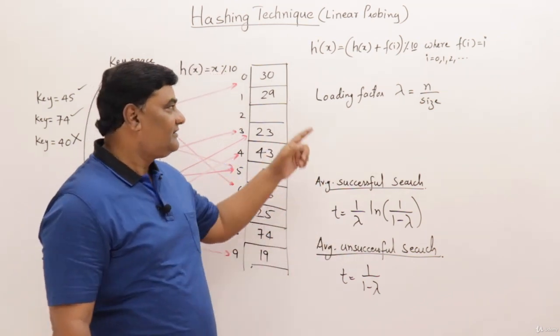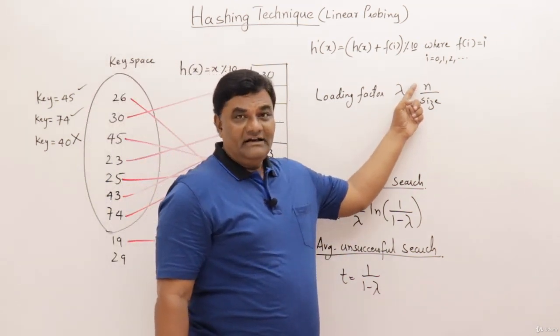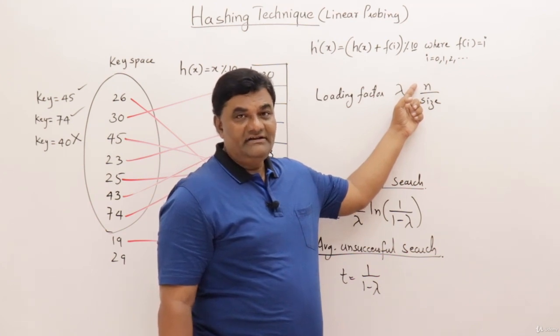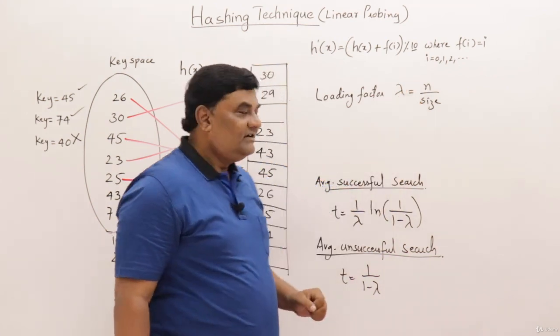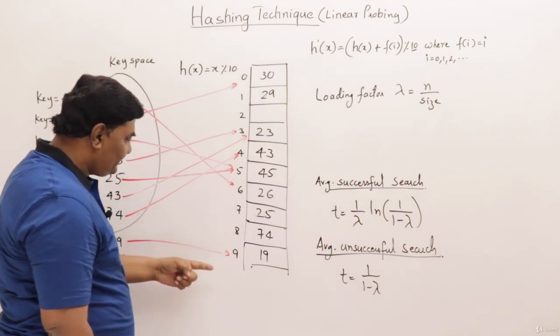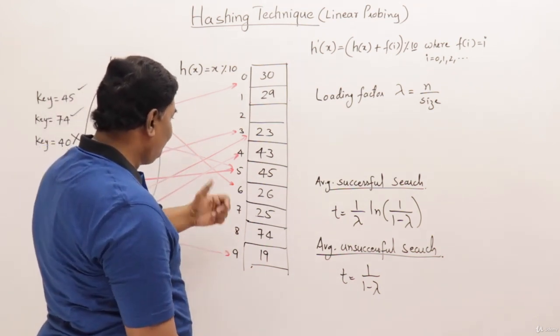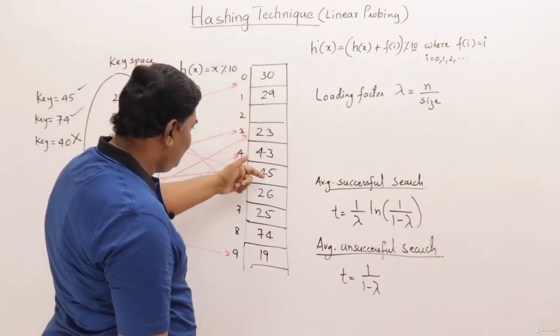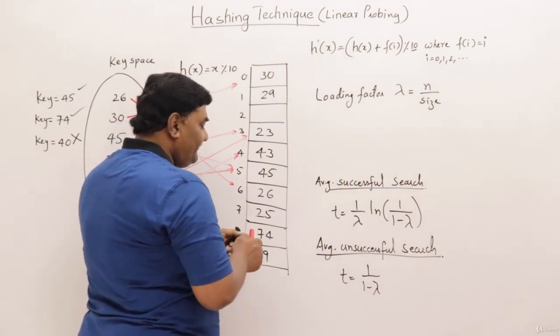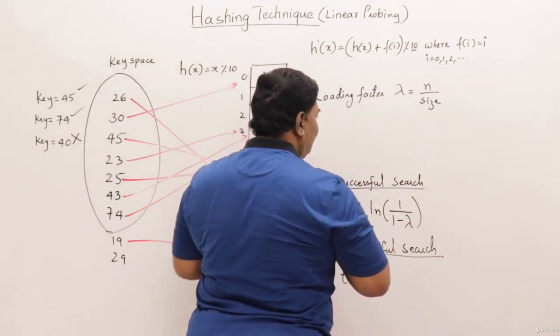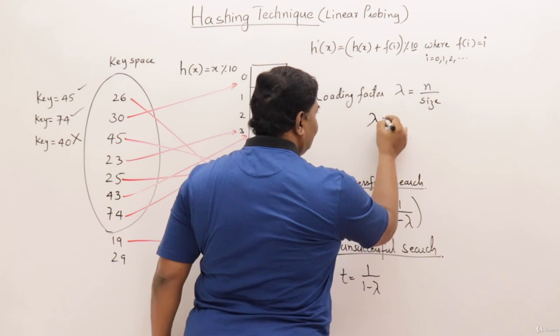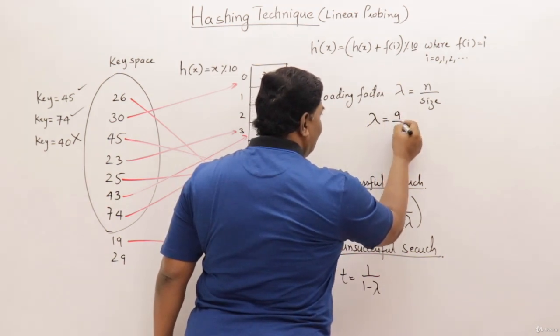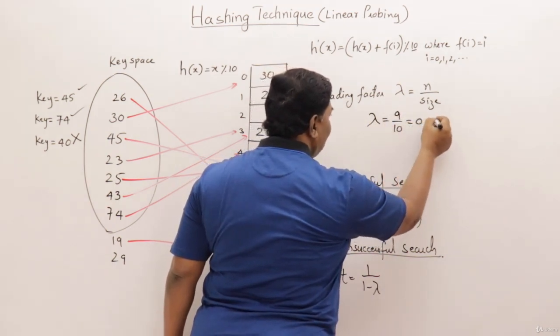So what is loading factor? Loading factor is the number of elements or keys divided by the size of the table. In my example, the size of the table is 10 and the number of elements I have is 1, 2, 3, 4, 5, 6, 7, 8, 9. So loading factor is 9 by 10, which is 0.9.